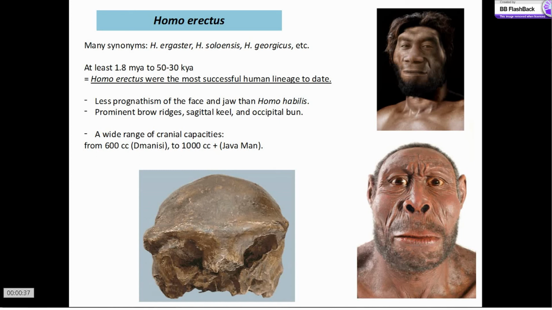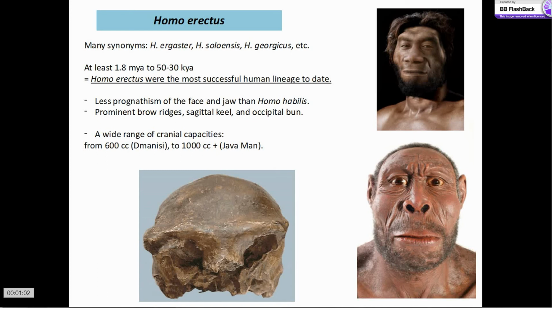You'll see they had really prominent brow ridges that stick out. They usually had a sagittal keel, which was just like a little bump that ran front to back on the top of their head. And they would have an occipital bun, which I show you in the bone demo, and that's just sort of a nuchal protuberance on the back of the skull.